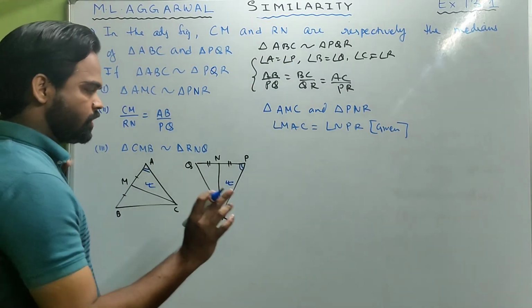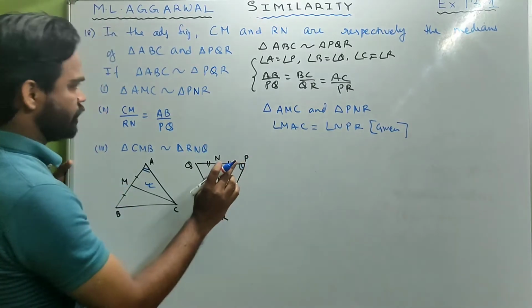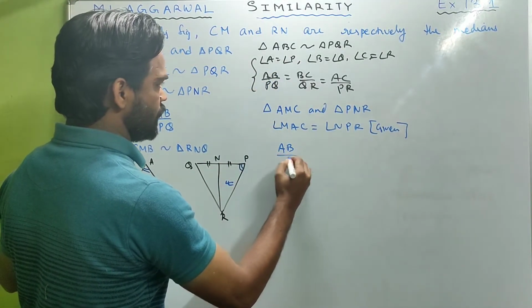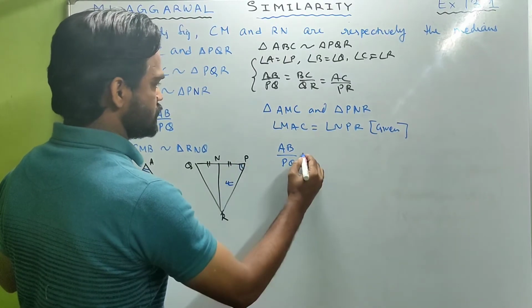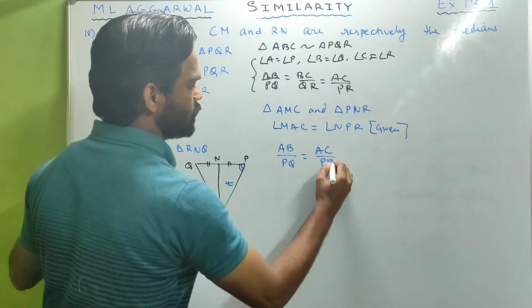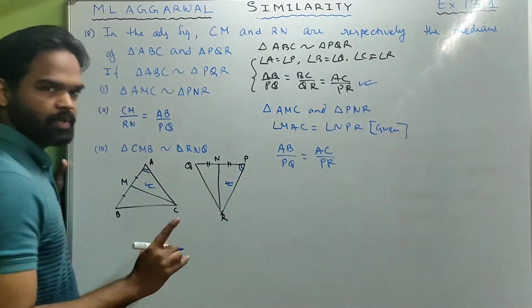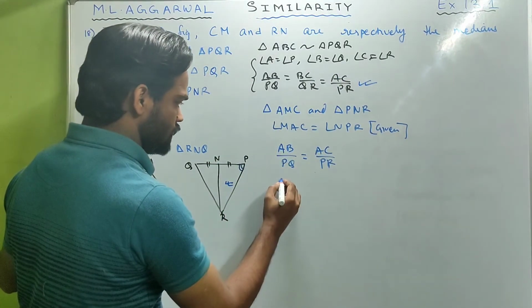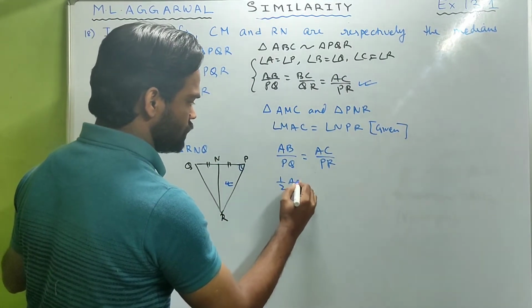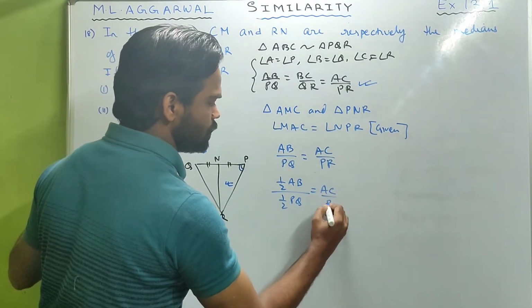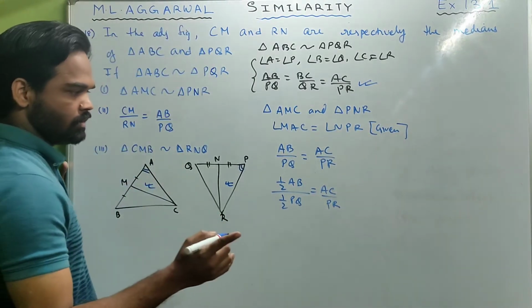Done. Now look carefully. They have given us AB by PQ is equal to AC by PR from here. Isn't it? AB by PQ equals AC by PR. So we can write half of AB by half of PQ equals AC by PR. We can write like this, isn't it?